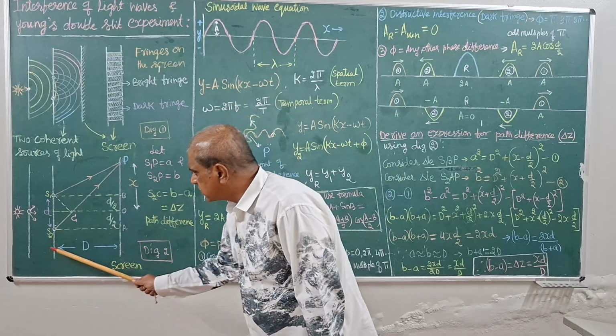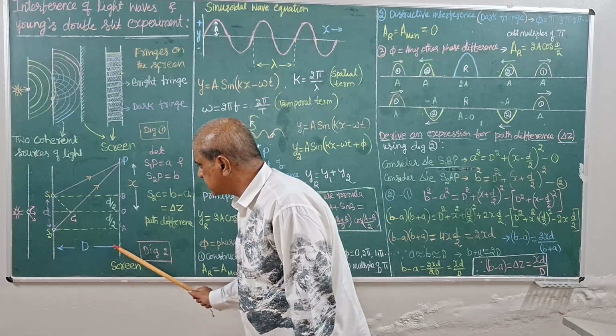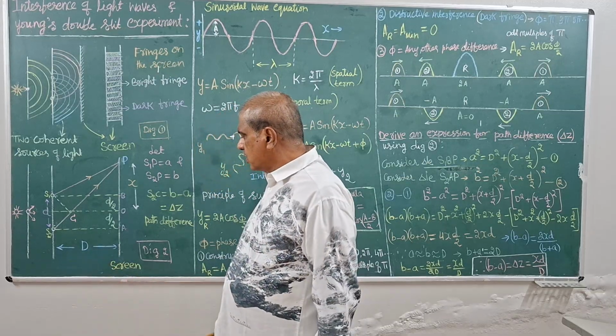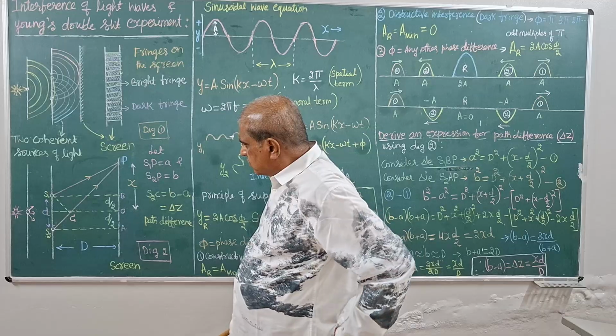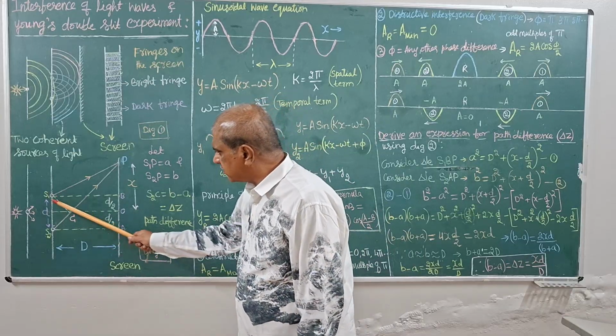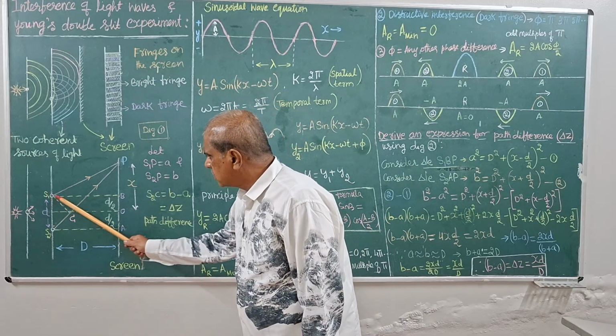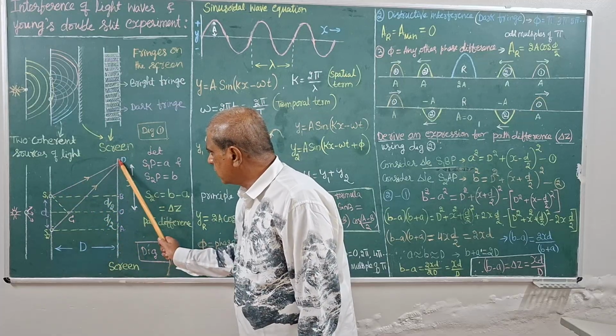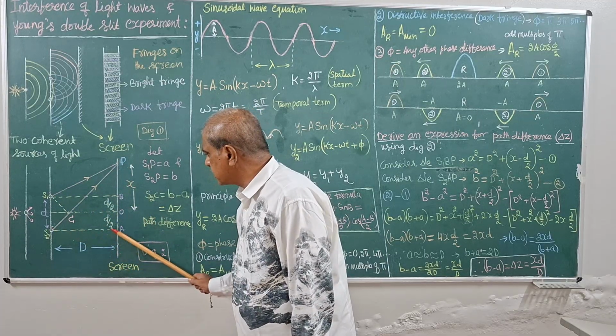And the distance between the double slit and the screen is capital D, which is always the numerical value. In this geometry, let us see that there are two triangles. This is one right angle triangle, and there is one more right angle triangle with this line.